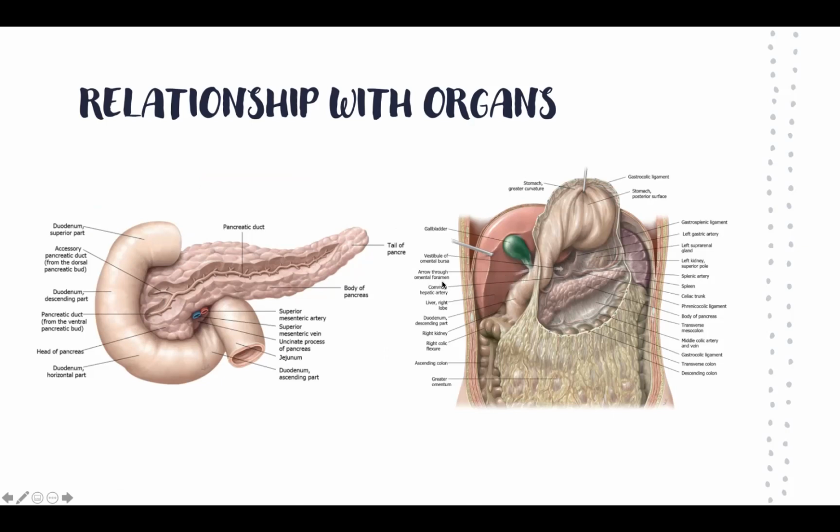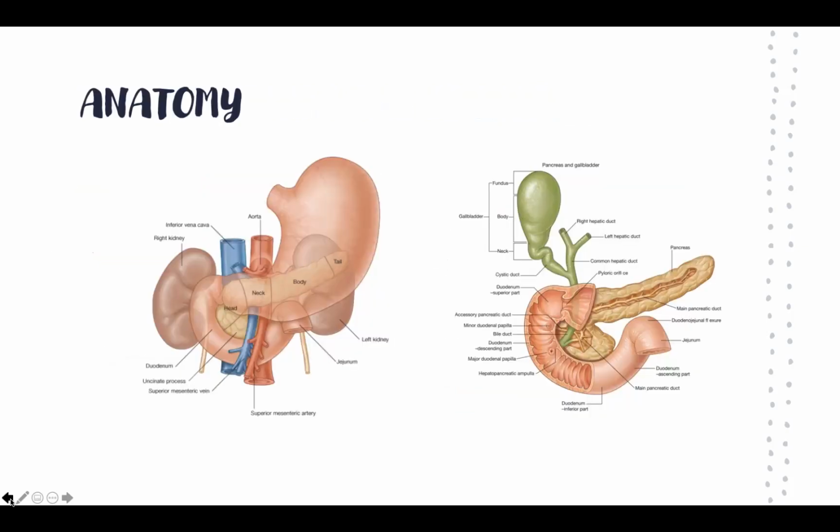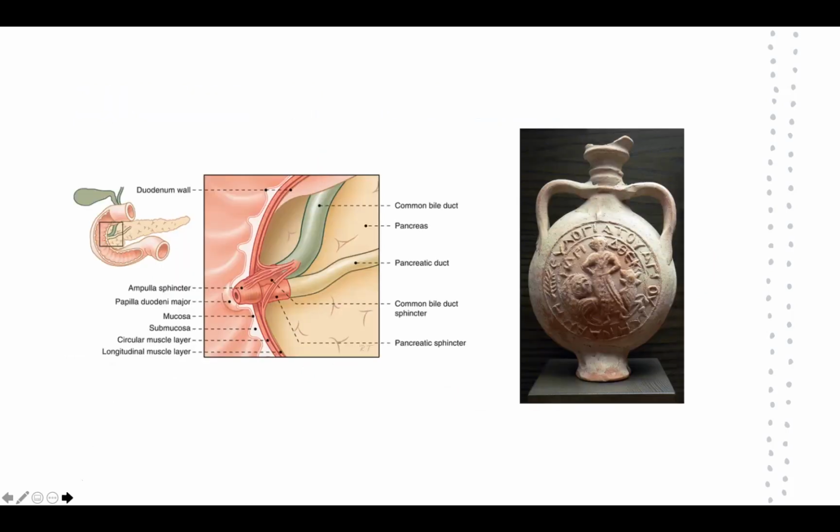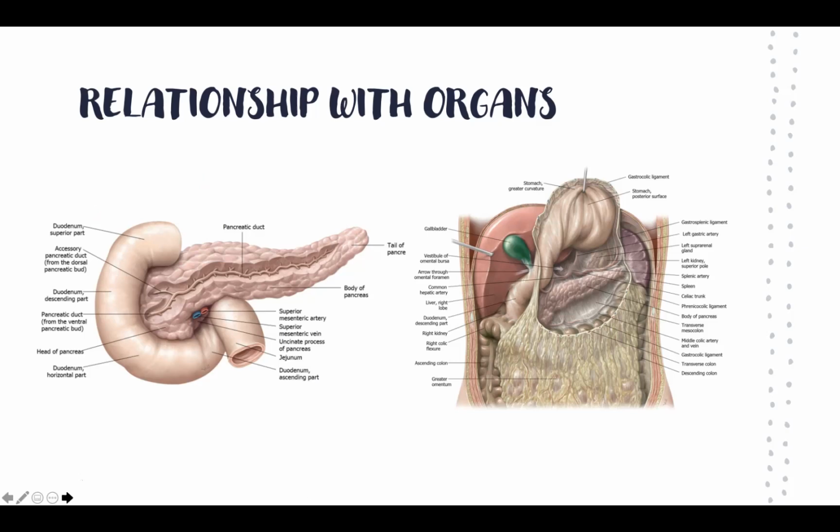It's also attached to the transverse mesocolon. And also we've got the common bile duct, which actually runs through it, which you can't see and appreciate in this diagram. We've seen it in the previous slides, but we've got the large major vessels running posteriorly behind the pancreas as well. So a lot of important organs surround the pancreas.